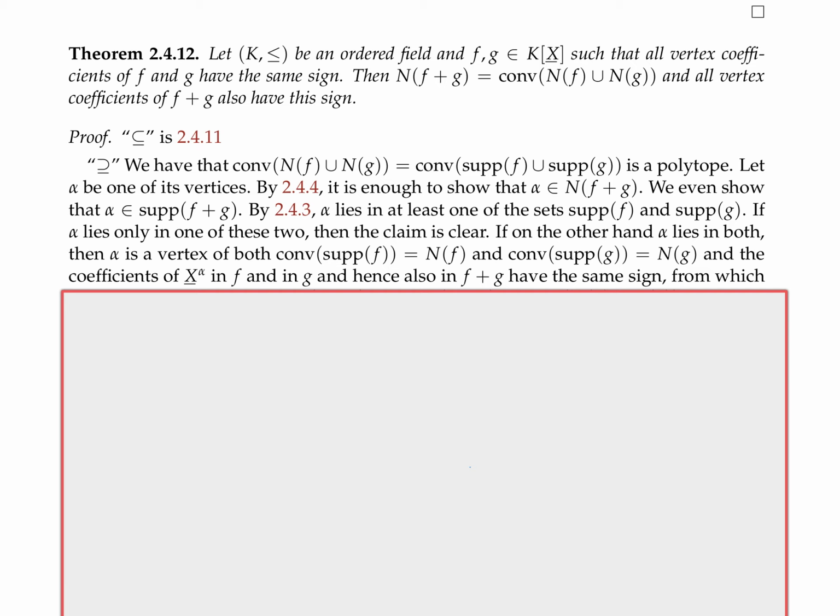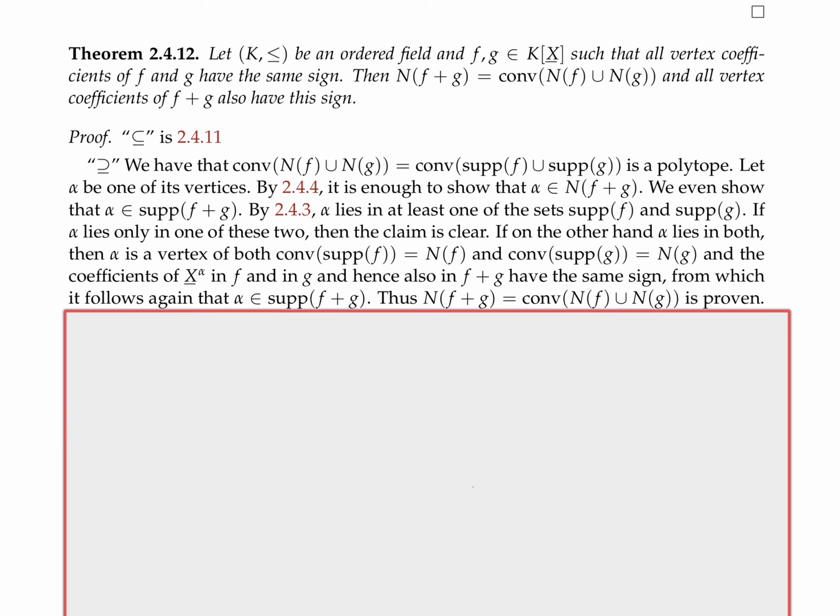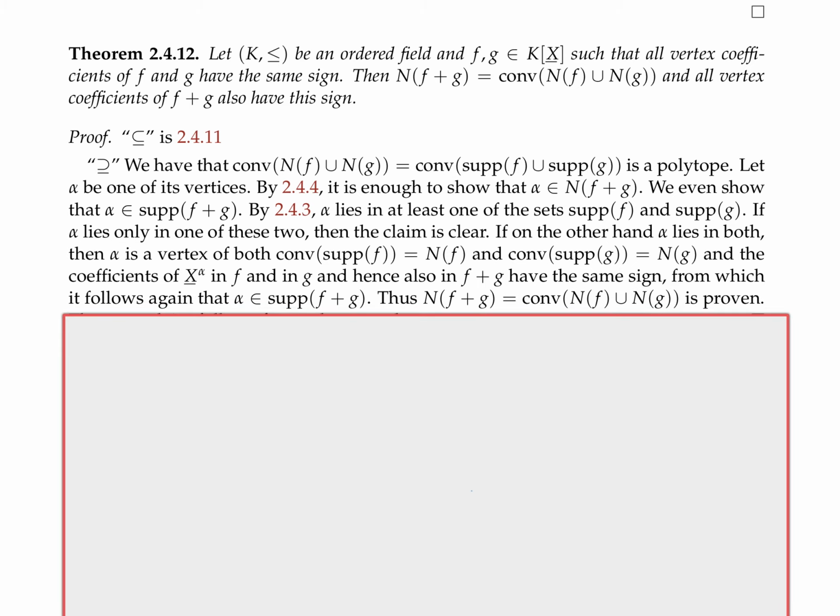From which it follows again that alpha is in the support of F plus G, because if you add two positive coefficients, they cannot neutralize each other. So this is now proven: I wanted to prove that alpha is in the Newton polytope of F plus G, and I've even proven it's in the support of F plus G.